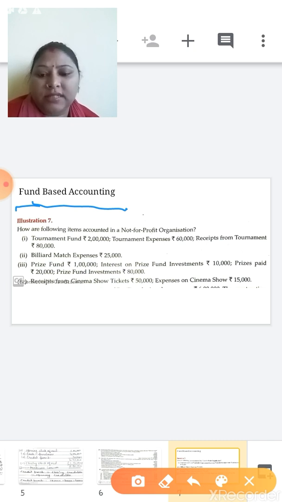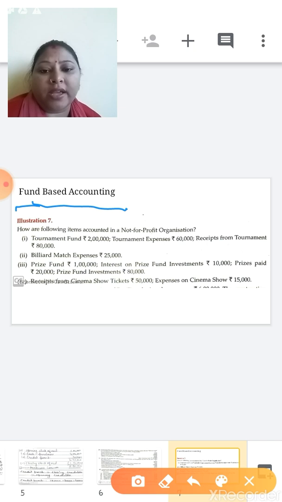So let us see the question. In this you have to find out how to treat these items in a not for profit organization. First is tournament fund. A tournament fund means an amount received by the organization for a specific purpose, here for the tournament.